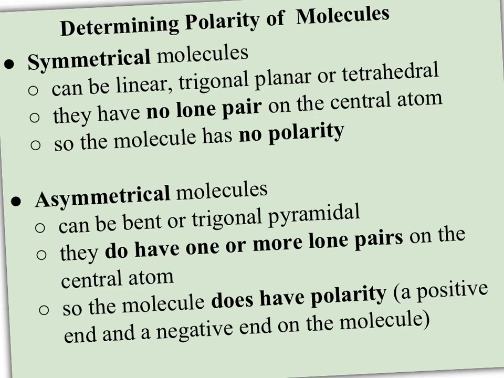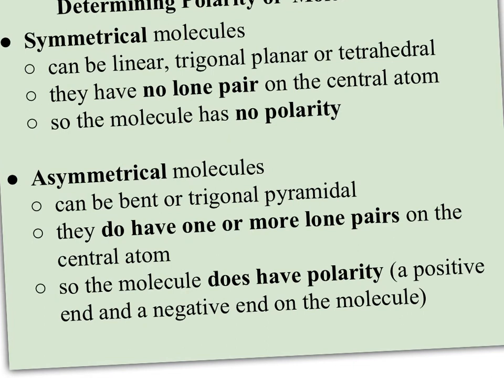So that's going to give a molecule no polarity. Asymmetrical molecules, again, if we're talking just up to 4 bonding sites, not these expanded octets, would either be bent or trigonal pyramidal. And they do have one or more lone pairs on the central atom, and so that's going to give the molecule polarity. There is going to be a positive end and a negative end.